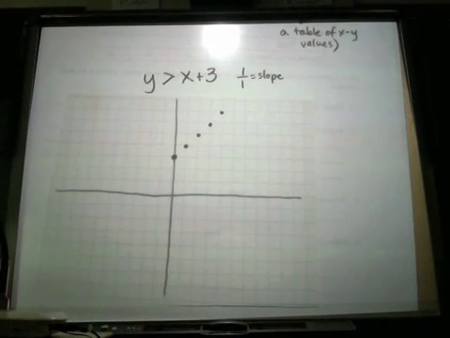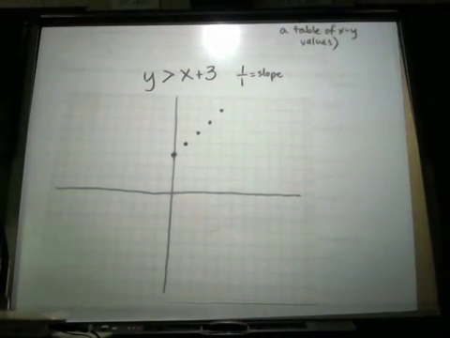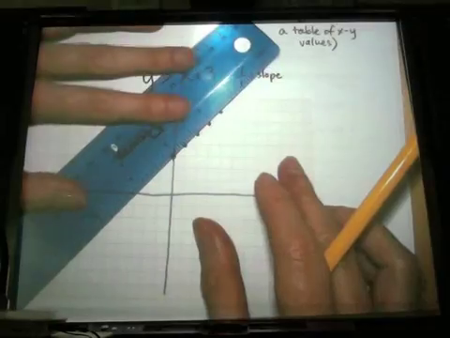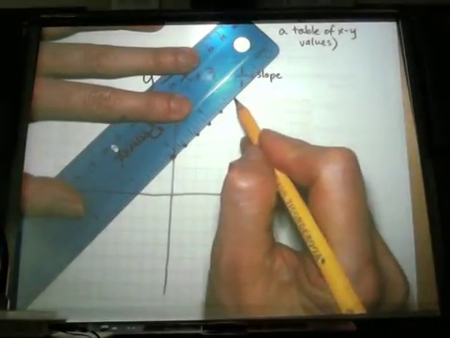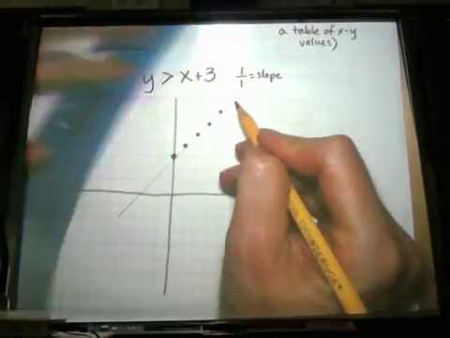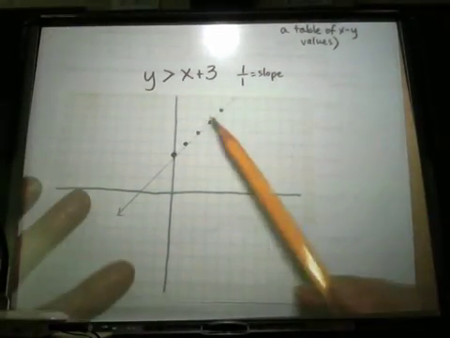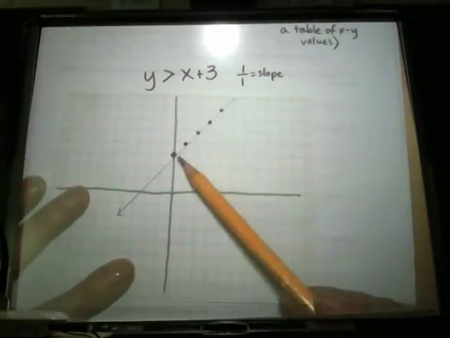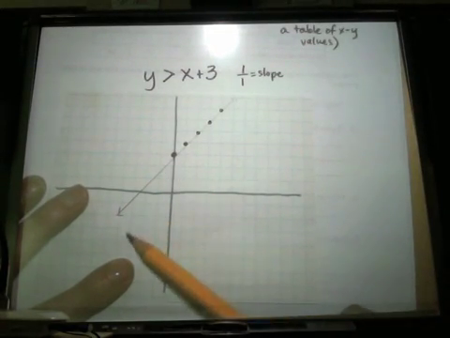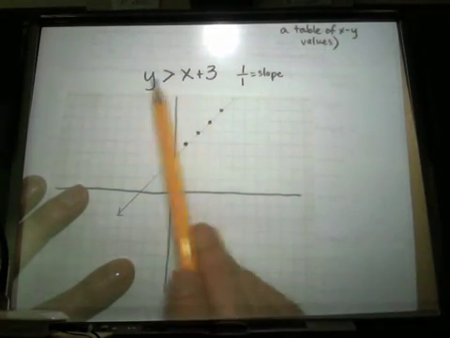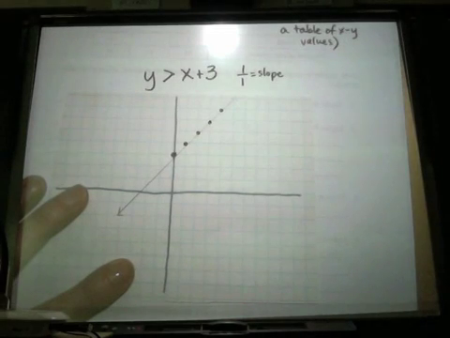Now, here's the difference. Before we connect this, I'm going to actually do it in pencil so I can erase a little bit. If this were an equal sign, we would just connect our dots. So don't connect yours yet. Just wait and watch. If I were to connect these, and I made my straight line like that, what that means is that any point on this line, if I plug its x, y value into here, it would make a true statement.